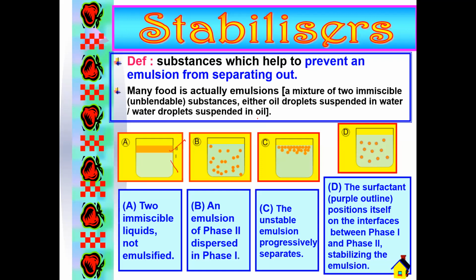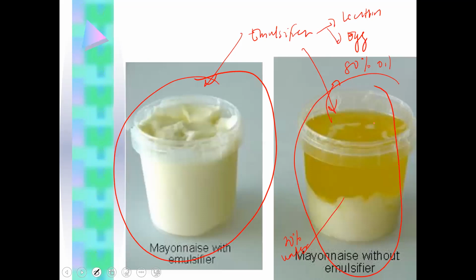When teacher puts an emulsifier inside, the emulsifier causes it to separate itself and become homogeneous. That means all the same. So just now it was not balanced, right? Here 80%, here 20%. When teacher put in an egg or a lecithin or whatever, it became a homogeneous colloid. It became all together as one.